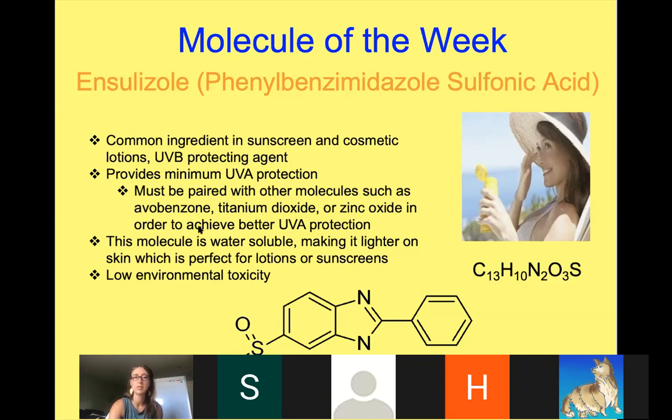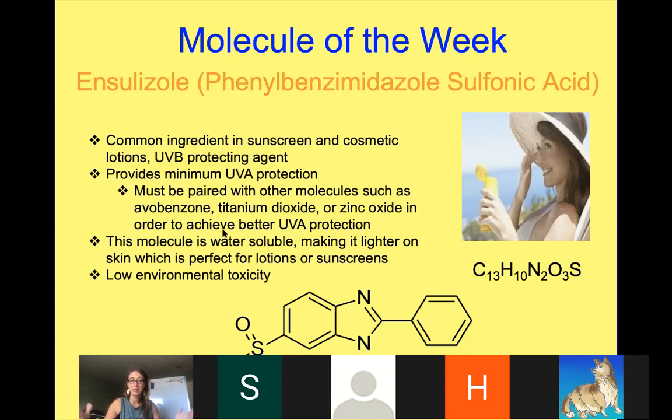So other molecules that are good at protecting against UVA rays would be avobenzone, titanium dioxide, zinc oxide. Sometimes you see people put that on their nose. And so I just picked up my sunscreen yesterday and started looking, and I think this molecule, avobenzone, was in there. So look at the ingredients, see if any in your sunscreen, see if anything rings a bell to you.